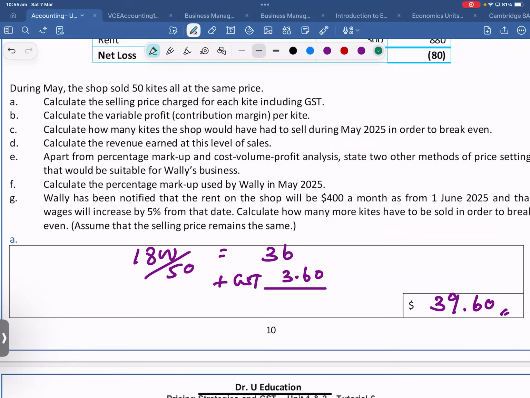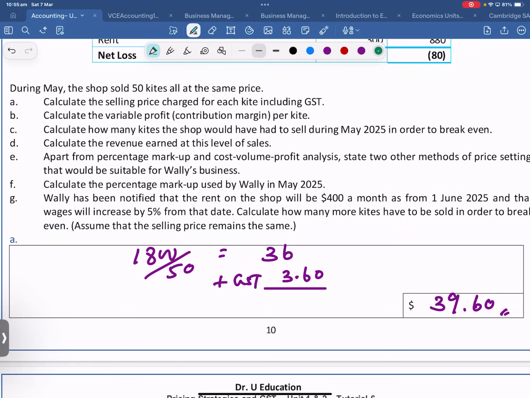Remember I gave the example. Let's say you purchase a calculator for $200. Then you want to make a markup of 50%, right? In this case, we want to make a profit of 100.